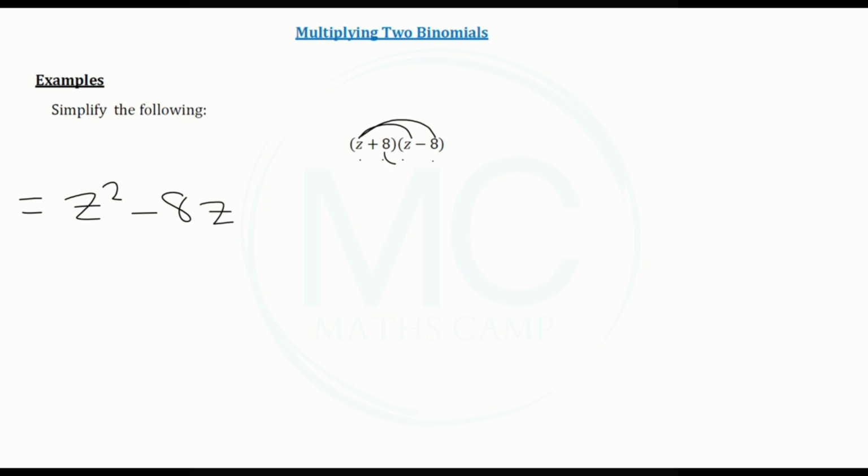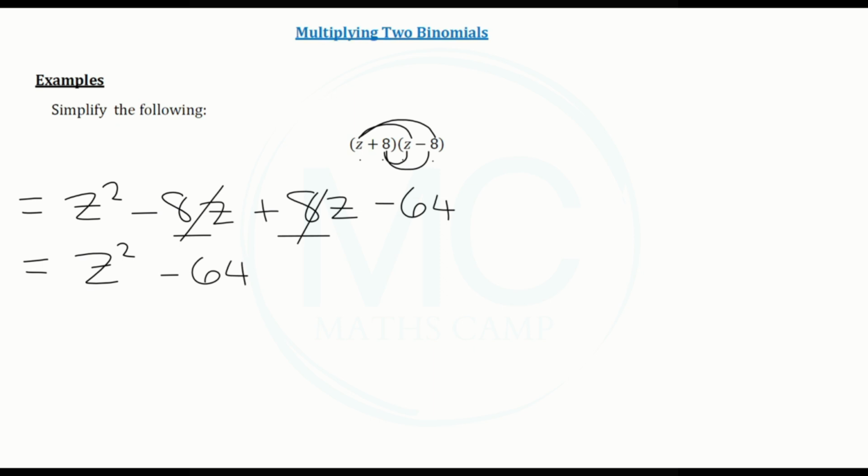Then we multiply 8 by z, and we get positive 8z. And then we get 8 multiplied by negative 8, which is negative 64. Now we can add like terms. We have z squared. Negative 8z plus 8z cancels out, and we are left with negative 64.